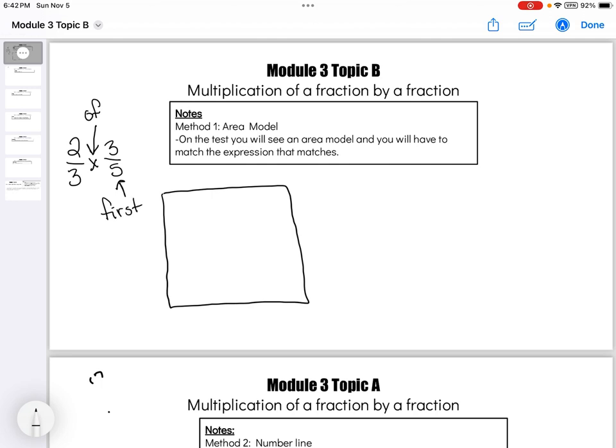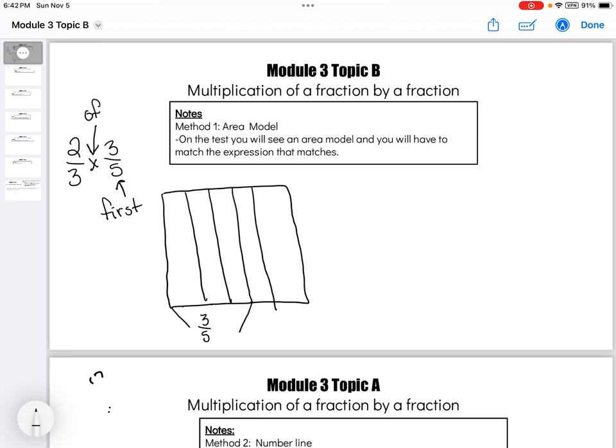So whatever that back fraction is, that's where I'm starting. So what I do is I cut this into 5ths, like so. And then I'm going to bundle 3 of them. So I'm going to count 1, 2, 3, group them just like this. Here is my 3/5.